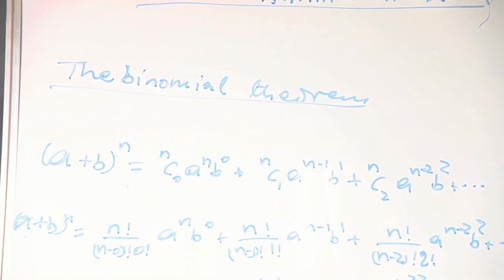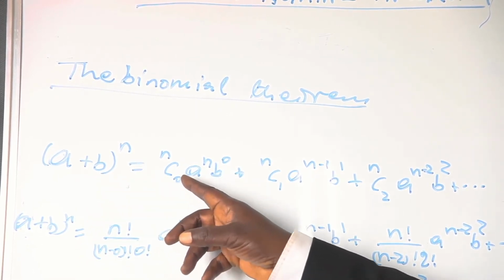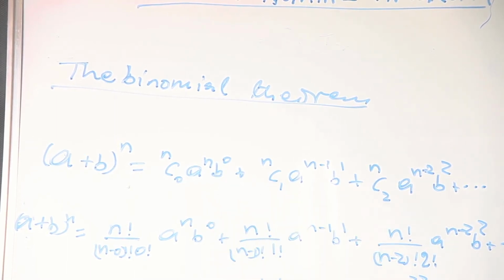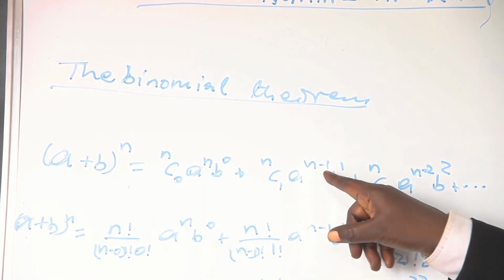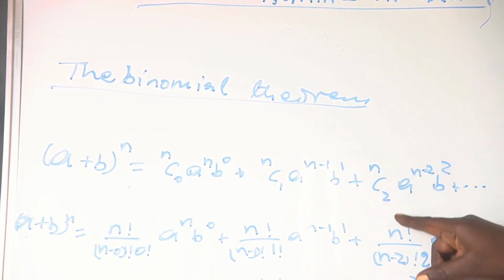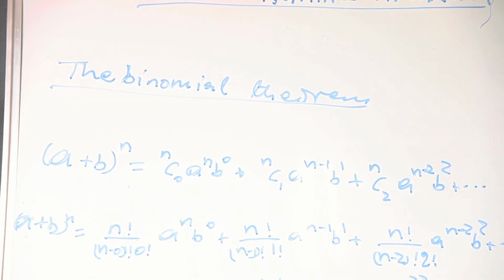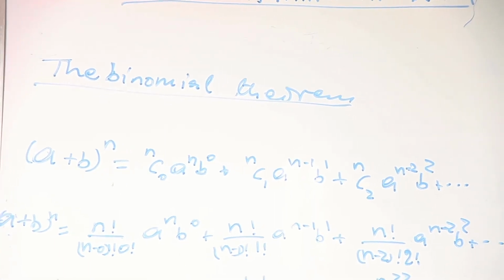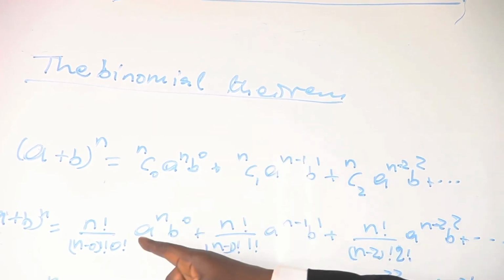When we're expanding a plus b power n, it should be nC0, that is number of combination, n combination 0, a power n b power 0, plus nC1, a power n minus 1 b1, plus nC2, a power n minus 2 b power 2, then plus nC3, a power n minus 3 b power 3, and so on. So this one can be written as this.